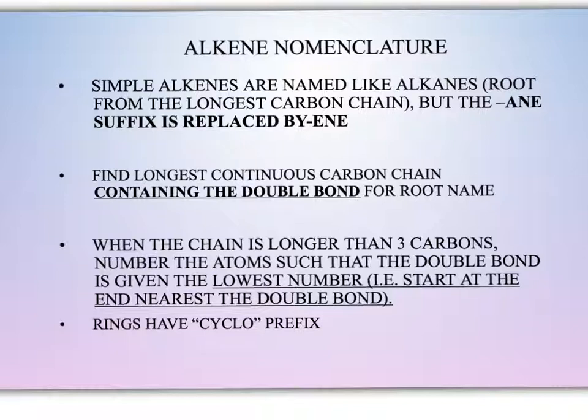So if we are looking at a little chain coming off and the double bond, we count in the direction where the double bond is on the lowest carbon number possible. If we have a ring-shaped structure, we will also include the prefix cyclo, just like we did on our previous slides.